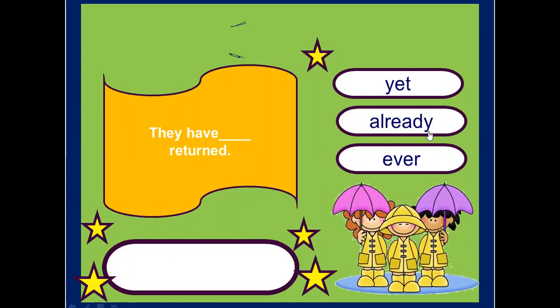Let's see it. Yeah, clear. Already and just are the same. It comes between the auxiliary verb have or has and the main verb. They have just or they have already returned. Maybe they have different meanings.